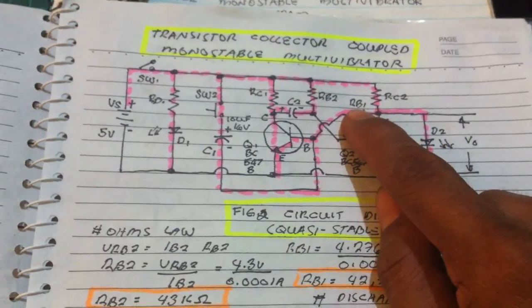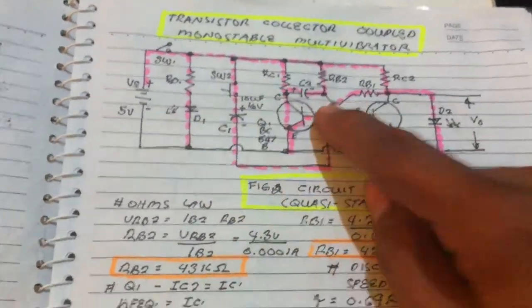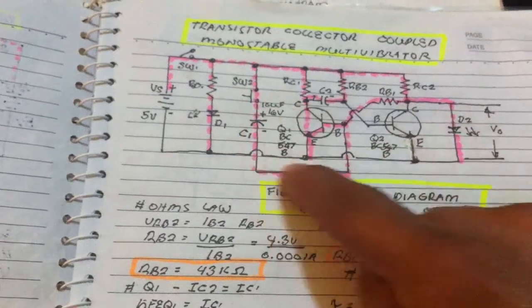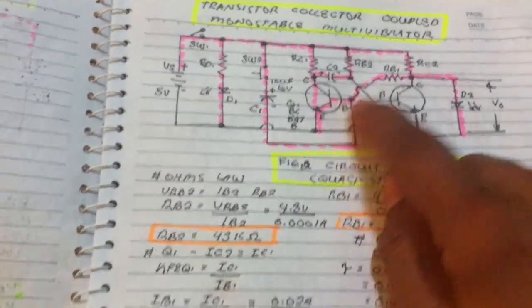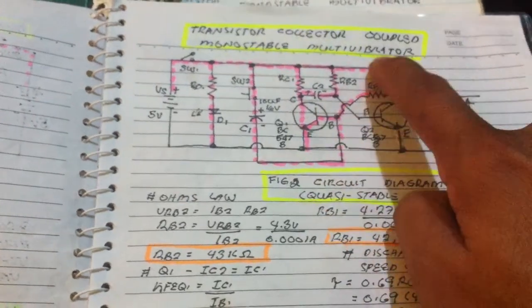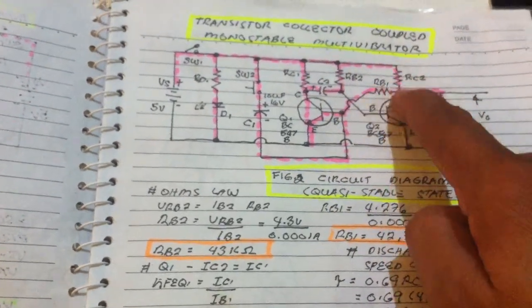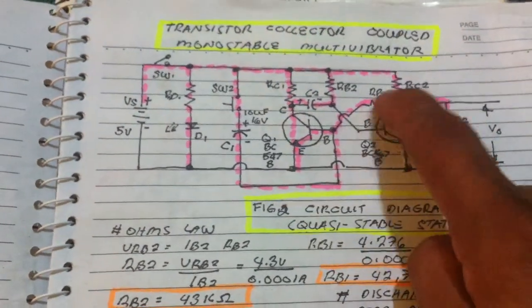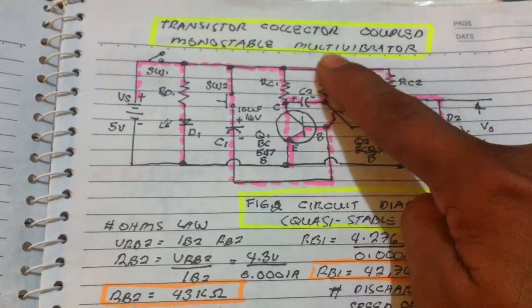RB1 is computed this way, since there is a triggering current here upon application of the voltage supply. Now this line is activated from the source through RC2 to RB1 and to the base. There's a trigger current here.